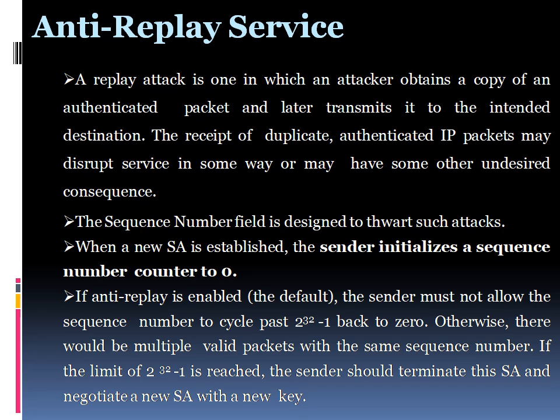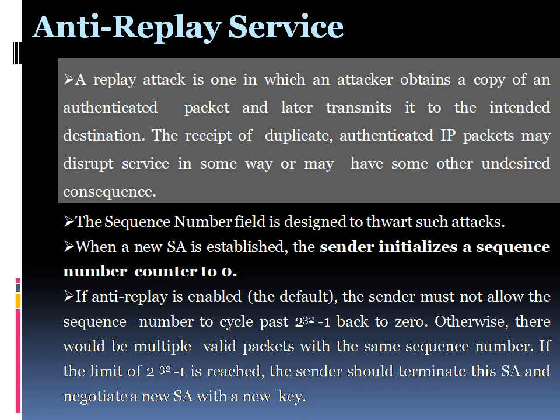Now, before moving to the anti-replay service, let us first understand the meaning of a replay attack. A replay attack is one in which an attacker obtains a copy of an authenticated packet and later transmits it to the intended destination. The receipt of these duplicate authenticated IP packets may disrupt service in some way or may have other undesired consequences.